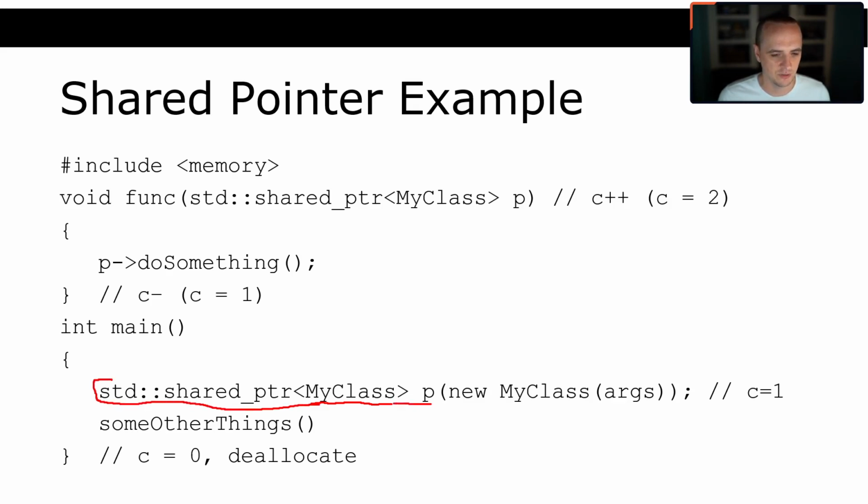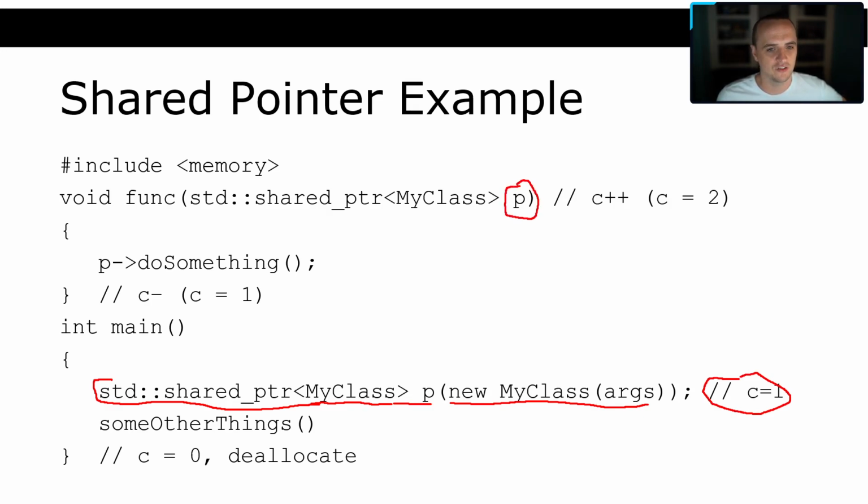The variable name is going to be p, and the pointer that initializes it is going to be a new my class. Now, I know that this is the wrong way to do it. I'm going to show the right way in the next slide. Now I can pass around that shared pointer by value into other functions. When I set this up, the internal reference count of that pointer is equal to 1.